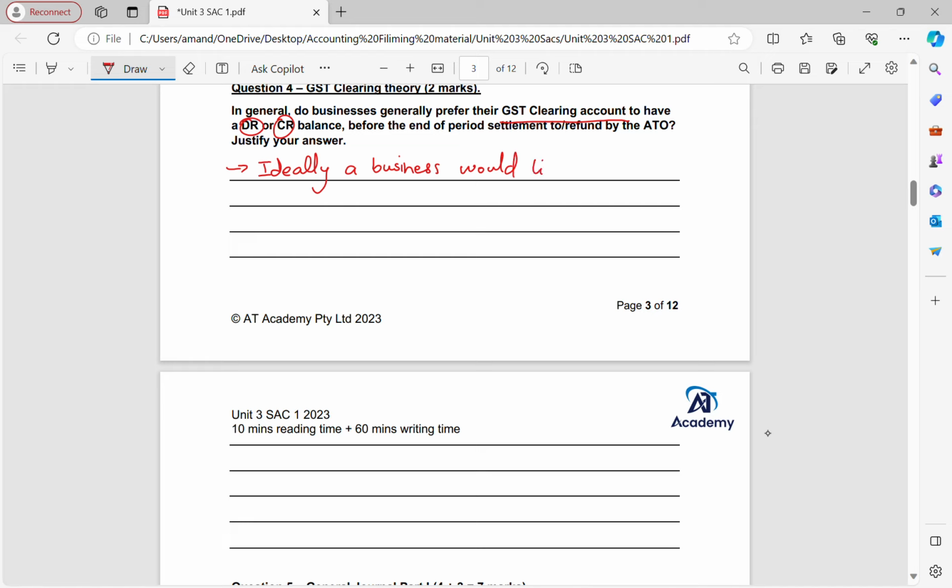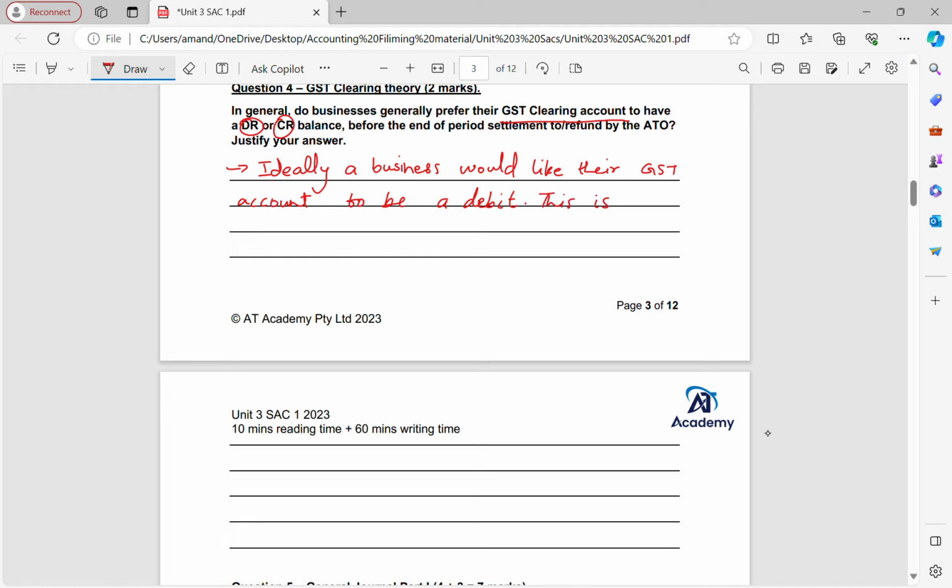Ideally, a business would like their GST account to be a debit.